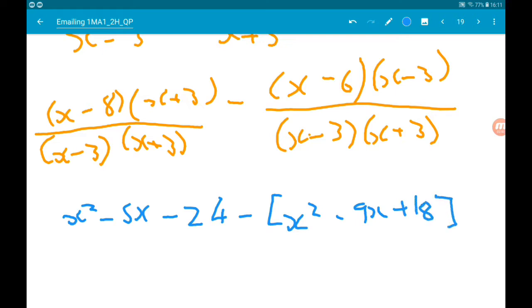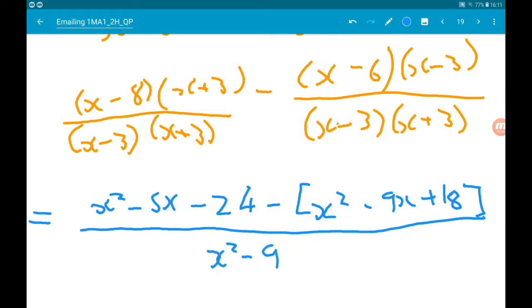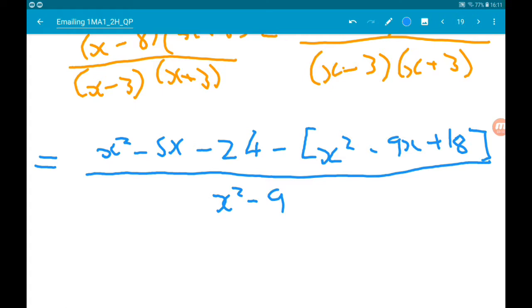Now, on the bottom, x plus 3 times x minus 3 is a difference of two squares. It's x squared minus 9. Okay, so up on top then we have x squared minus 5x minus 24.